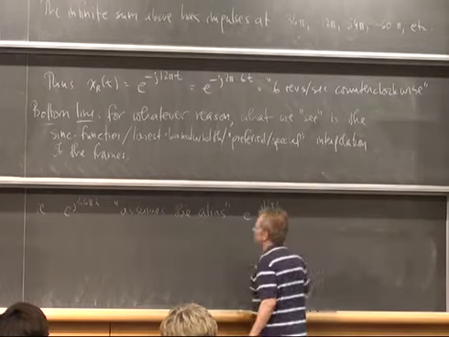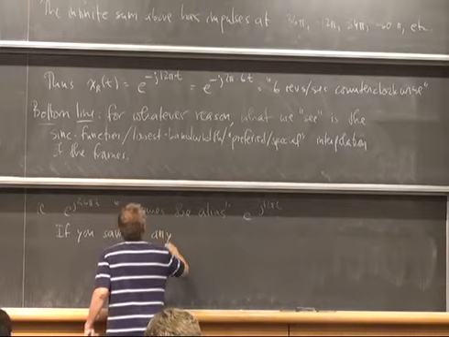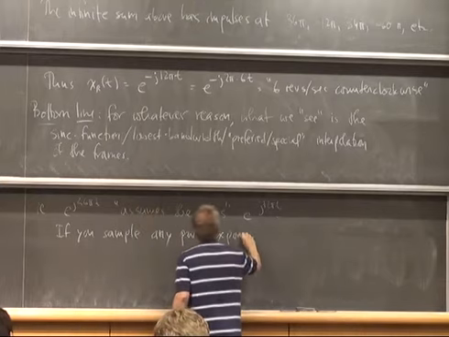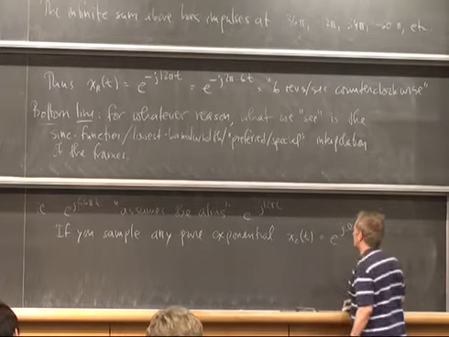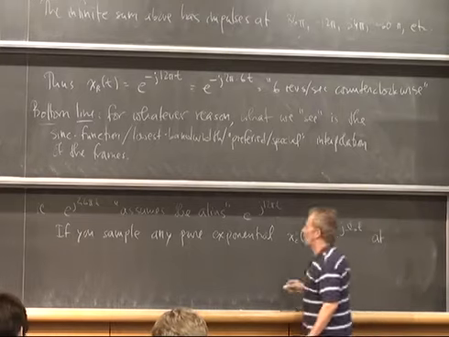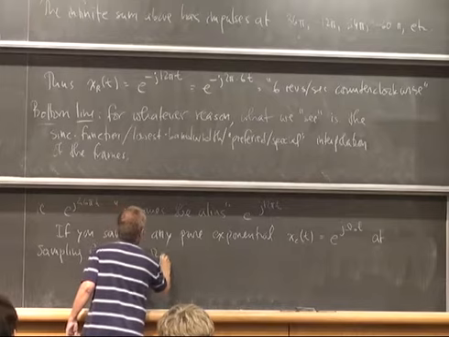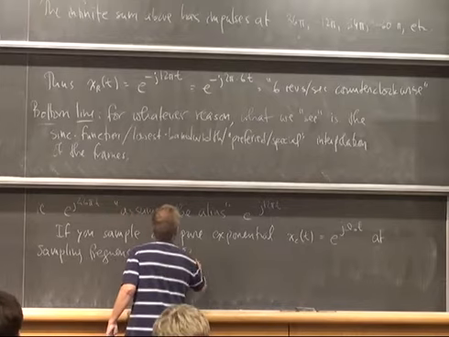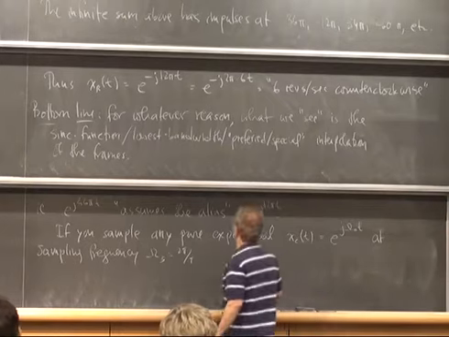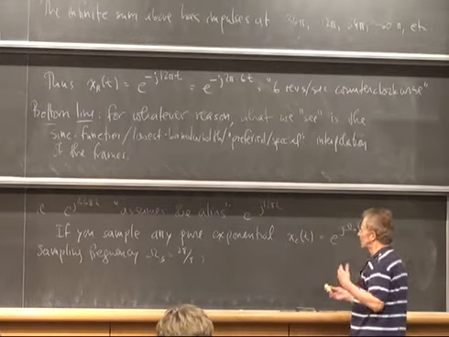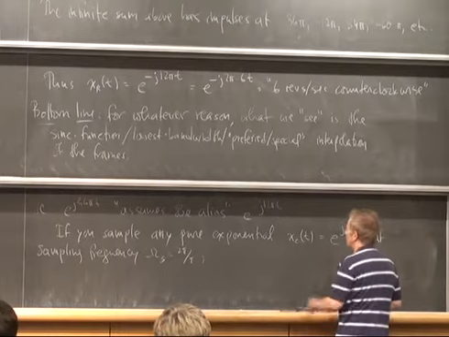Okay, so note that if you sample any pure complex exponential, say xc of t equals e to the j omega 0 t for all t, at sampling frequency omega s equals 2 pi over T, so that every T seconds you take a sample, then depending on the relationship of omega 0 and omega s, when you process those samples through the recovery process, you may or may not get xc back.